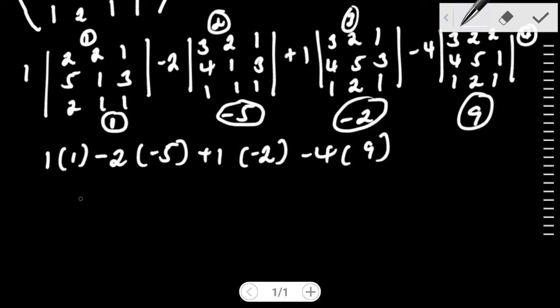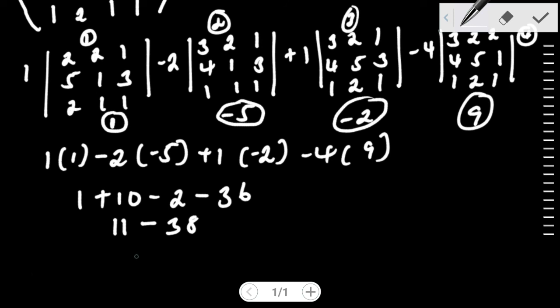Therefore I have 1 plus 10, minus 2, minus 36. So this is 11 minus 38, and when you work it out this is negative 27 as the determinant of a 4 by 4 matrix.